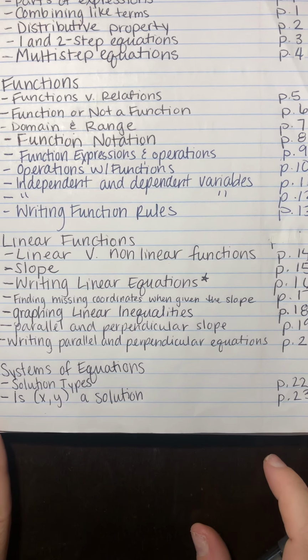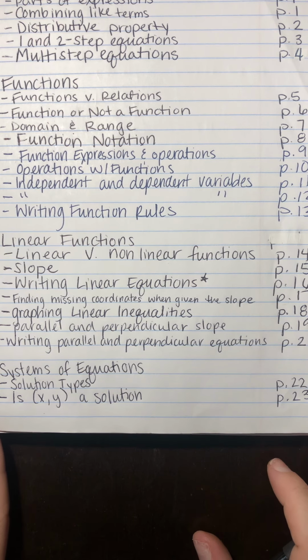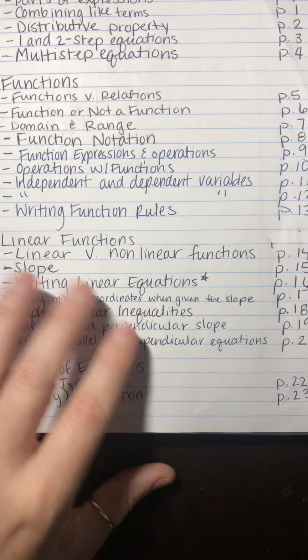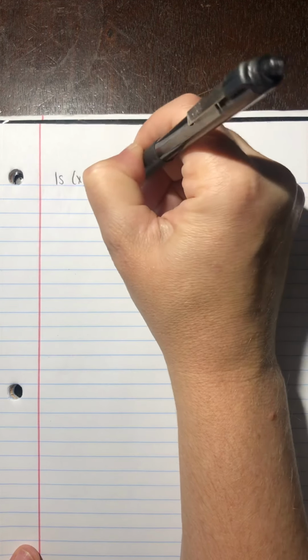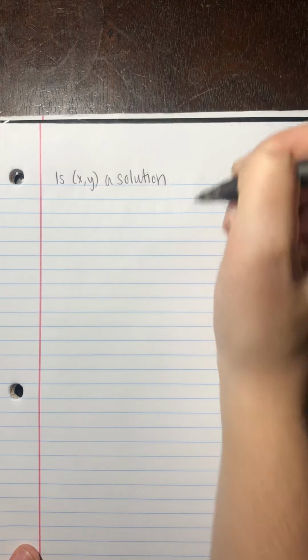All right, so is a point XY going to be a solution for your system of equations? So we'll flip on over to page 23. First thing that we're going to talk about is the easiest way to do this, by just simply plugging in the values that they give you.